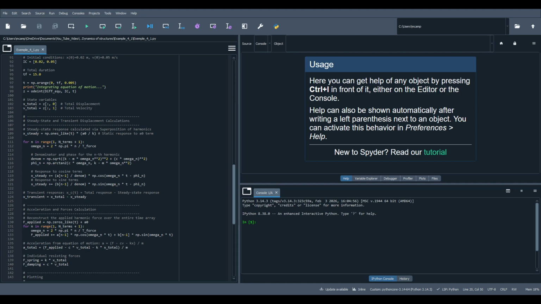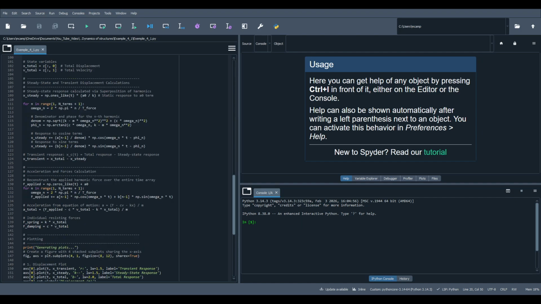Omega n equals n times 2 pi over T, the frequency of the current harmonic. The denominator refers to the nth harmonic for these two equations. Here is the response to the cosine term and the response to the sine term. The transient response is the total response minus the steady state response.